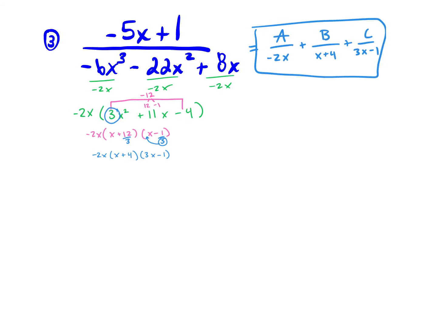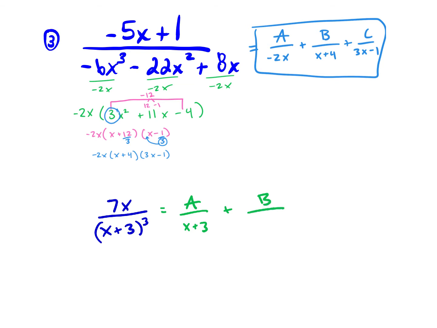I'm going to do one more example also. Let's say I had 7x on top and then x plus 3 cubed on the bottom. So this is technically already factored for us. How would I write my partial fraction decomposition? A over what? X plus 3 plus B over?